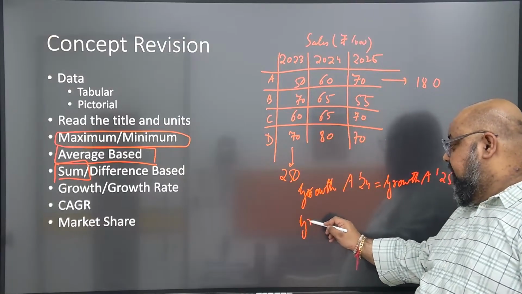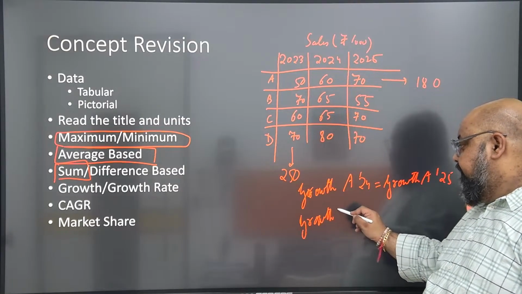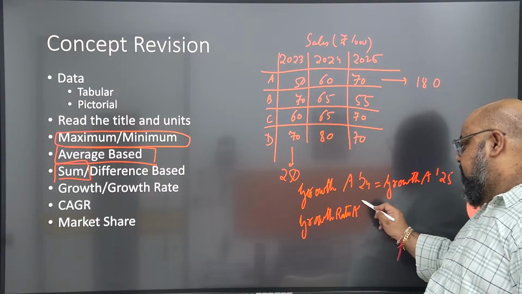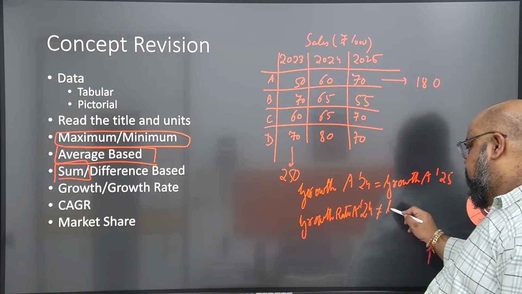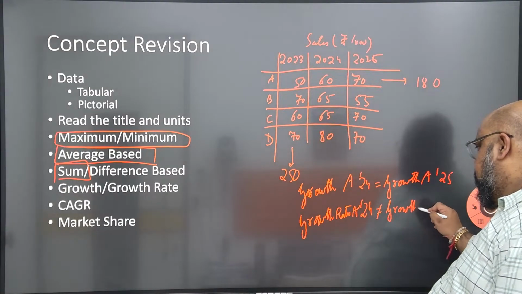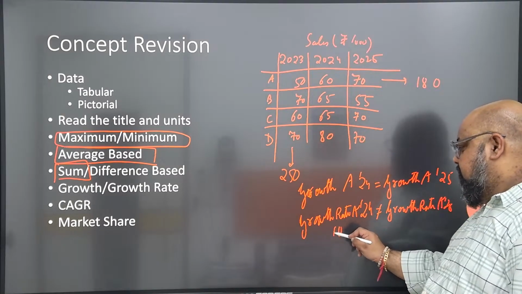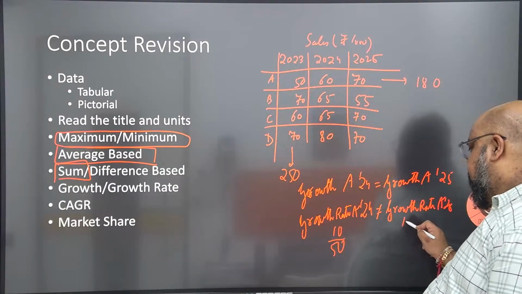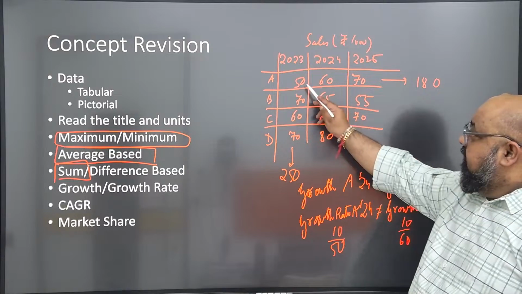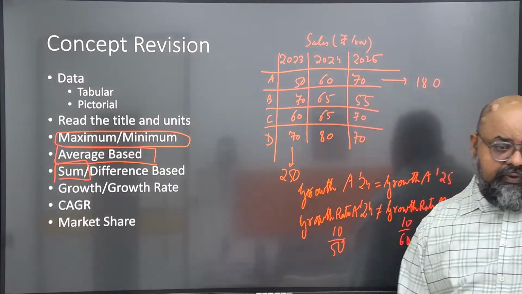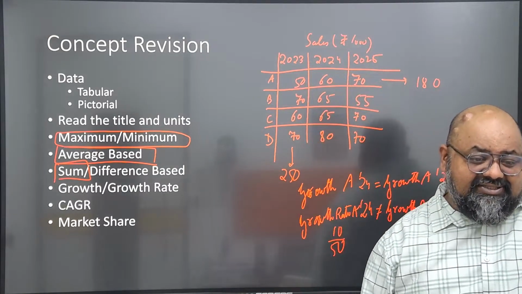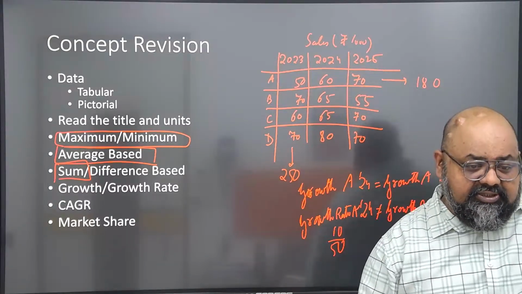But the growth rate for A in 24 is not equal to growth rate for A in 25. Because here the growth of 10 happened on a base of 50. Here it happened on a base of 60. 50 to 60, 60 to 70. So since the base changes, the growth rate is changing every year, the growth is not changing.